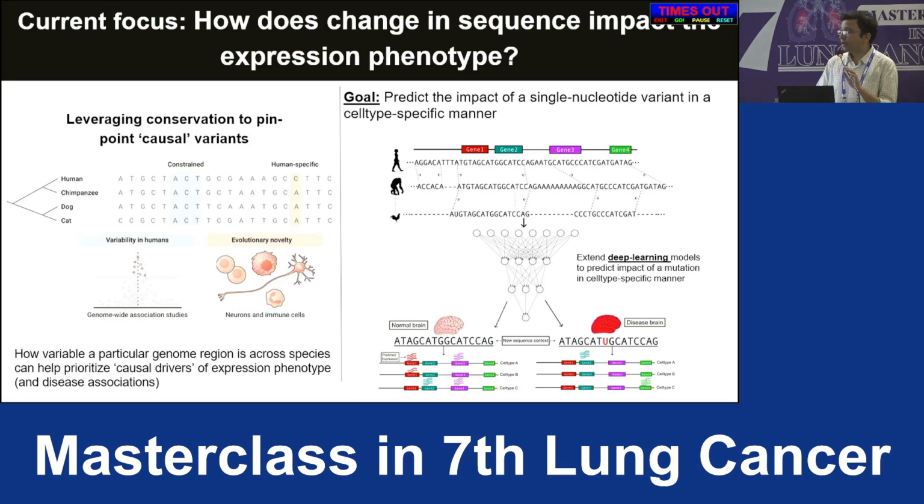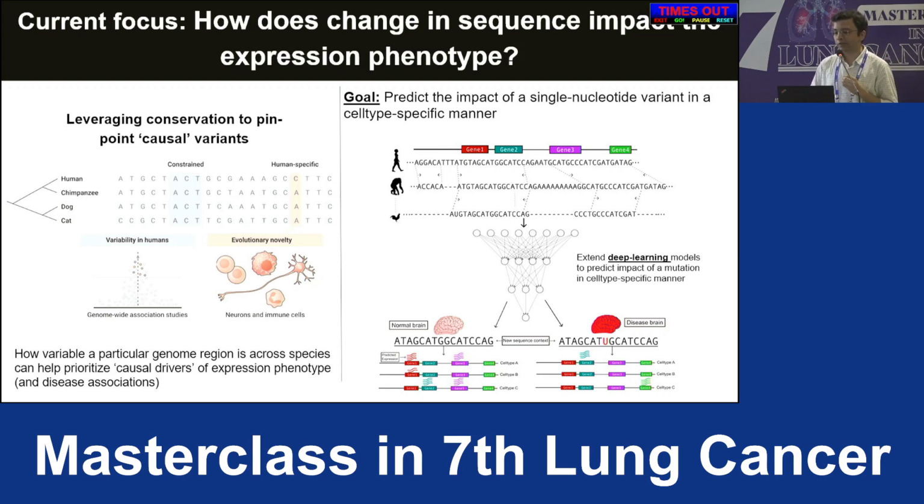The current focus of the lab right now: there was a lot of talk about heterogeneity. First of all, I should have started by thanking you for the amount of information that I've been able to capture in the last 2 hours. There's a lot of talk of heterogeneity, there's a lot of talk of DPI and ML. So one of the things that the lab is focusing on is understanding how sequence changes determine what changes at the expression level in individual cell types.